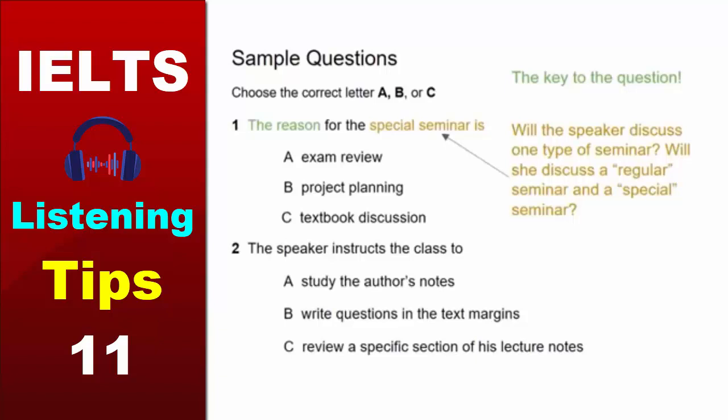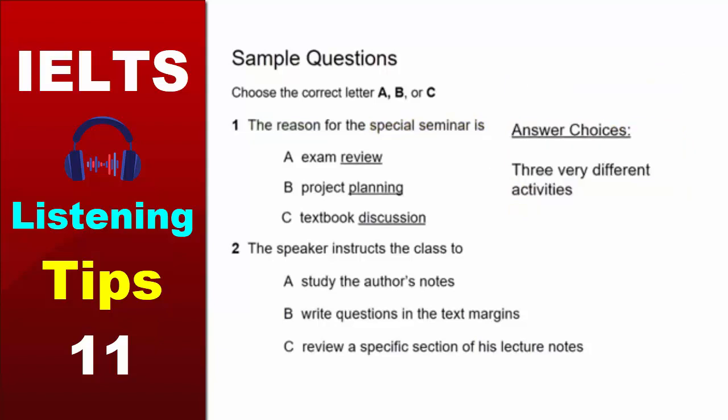I would certainly underline the reason in this question and probably put a question mark next to special seminar just in case the speaker starts talking about different kinds of seminars. All right, now as we look at the answer choices and think about what's coming for those, notice that we have three very different kinds of activities here. We have review, planning, and discussion.